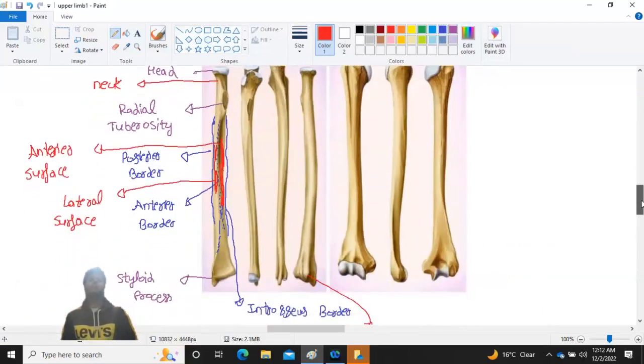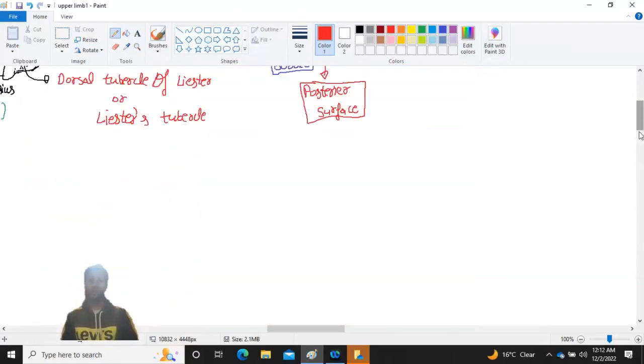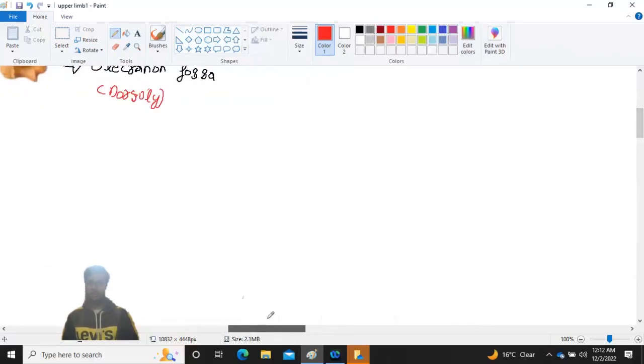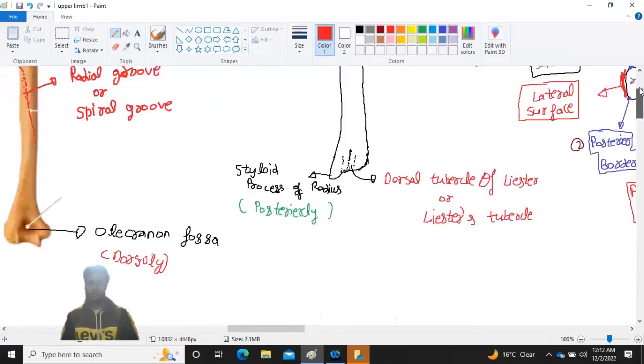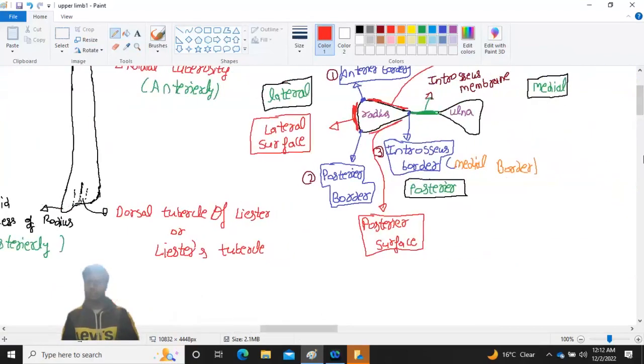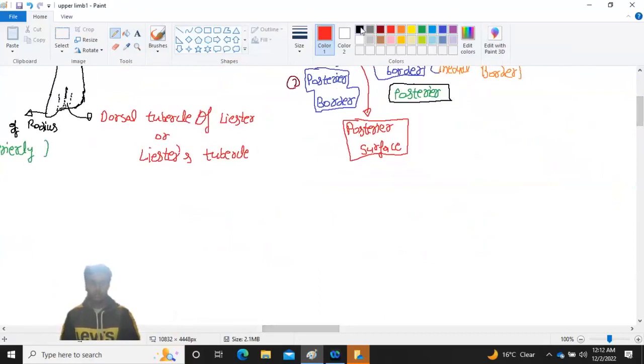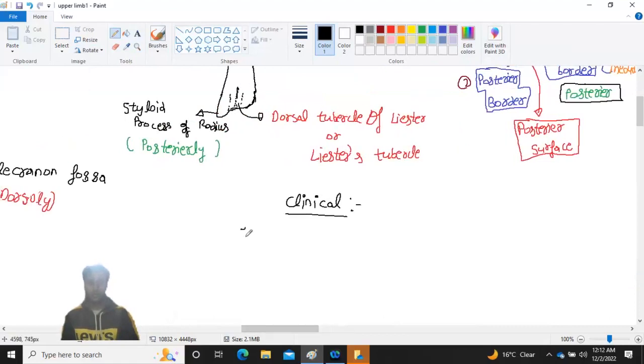Now there are many fractures of the radius. Let's go to the clinical aspects of it. These are the radius markings. What will the clinical be? In the clinical we have fractures. Clinical fractures. Then, we have two types of fractures.